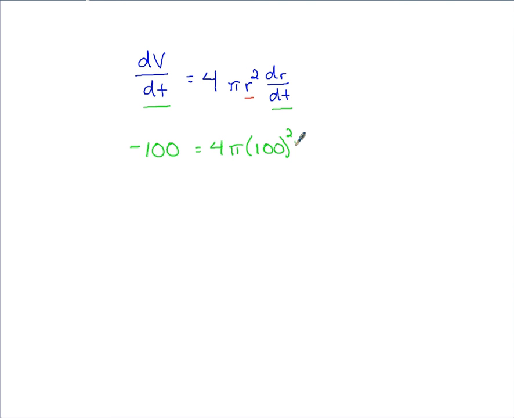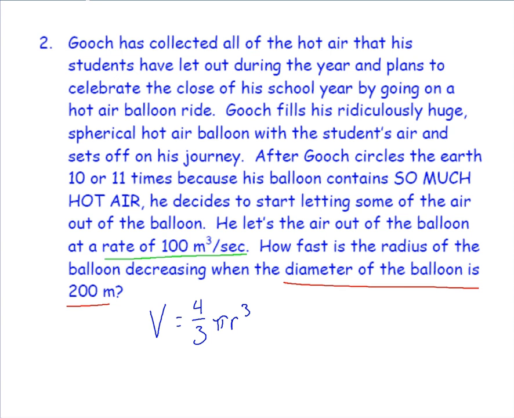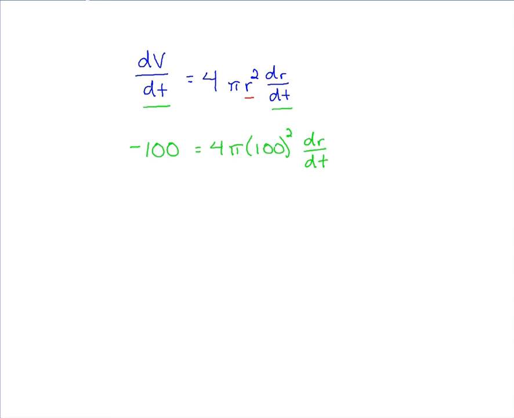There's no other values I can find except for dr/dt at this point, which I need to solve for. If I go back and consider the question that's being asked, how fast is the radius of the balloon decreasing? Well, that's going to be connected to that dr/dt, right?